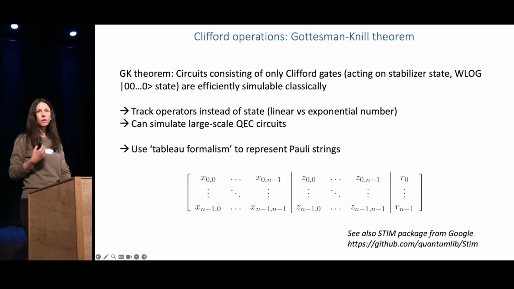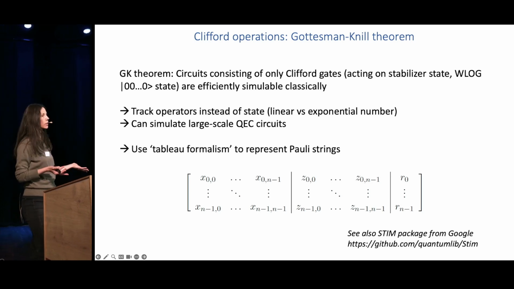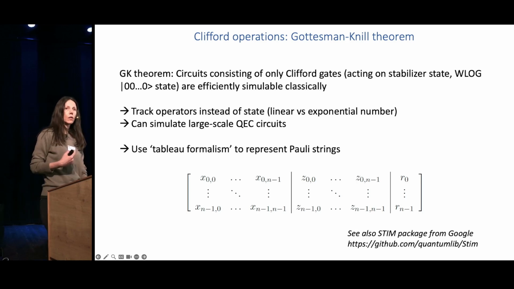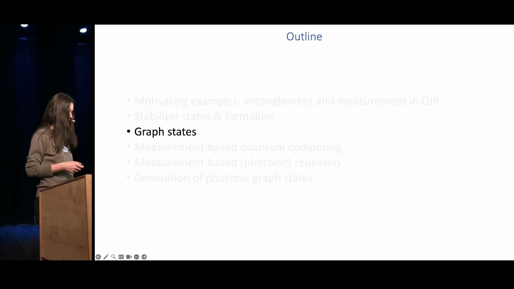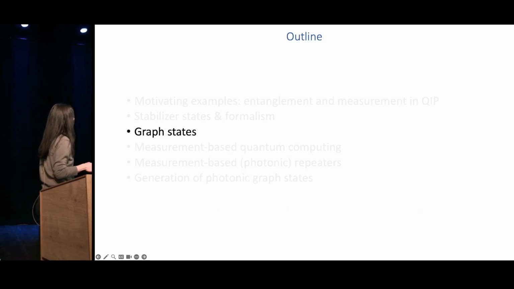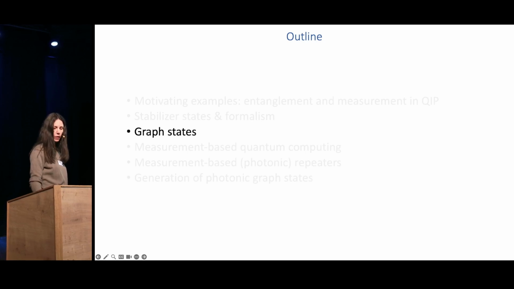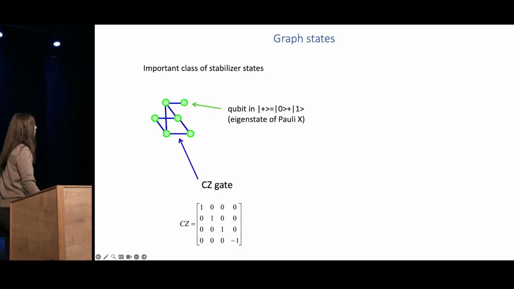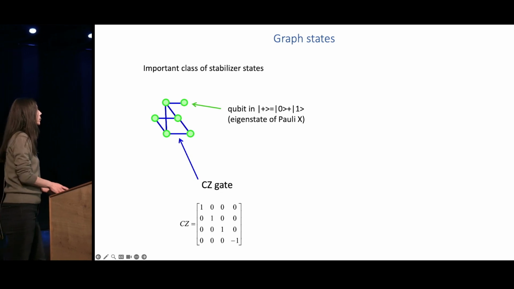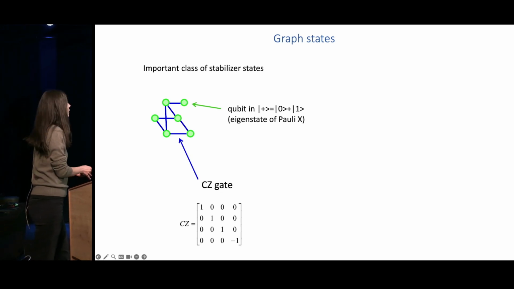Okay, so now with this we're ready to look into a particular class of stabilizer states that are called graph states. So this takes me to the third part of the talk. Graph states, as the word implies, are states that can be represented with graphs.